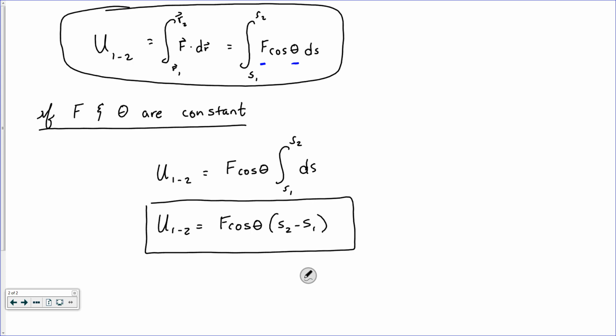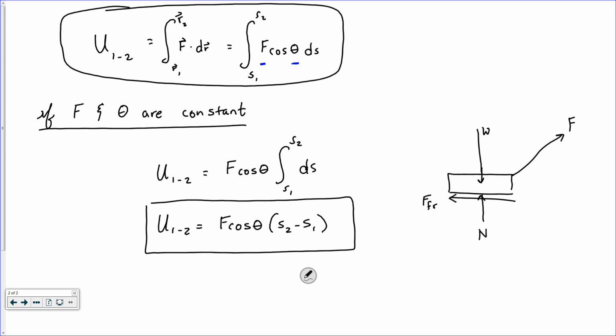But there are many instances where F and that angle are constant. I use that example where I have my daughter riding in a sled. But imagine that I have this box here, and I'm pulling this box with some force, a constant force. It's resting on the ground, so there must be a normal force supporting it. There must also be a weight force pointing down. There might be friction working against me.